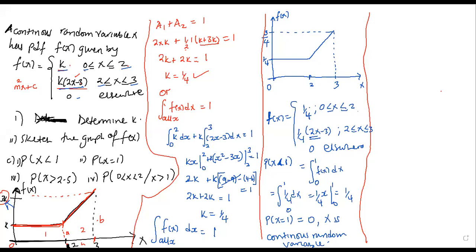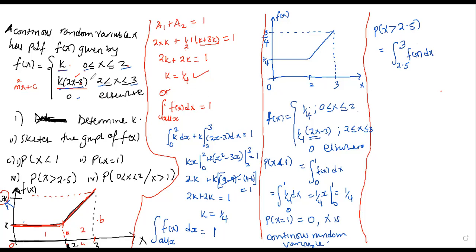Then thirdly, we had probability of X is greater than 2.5. Now this is continuous because it is asking you to find the integral from 2.5 up to the last value, which is 3, of the function in terms of X existing there.